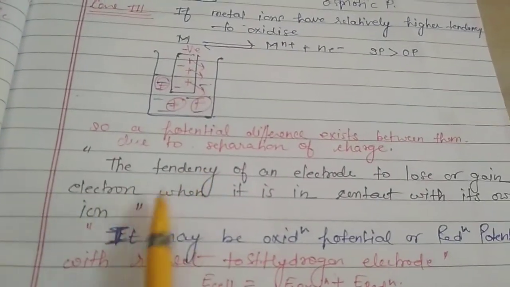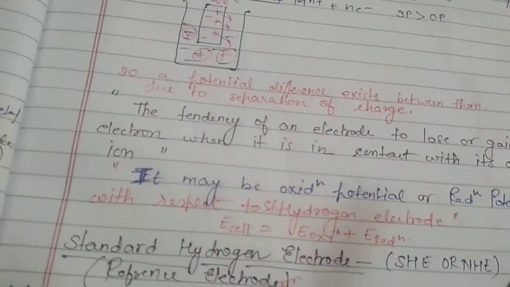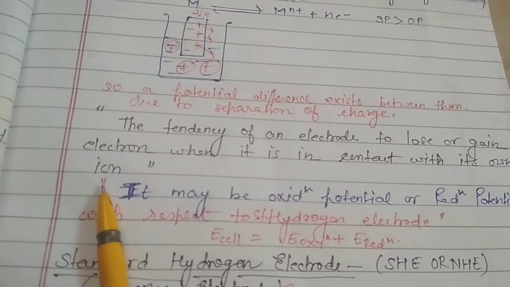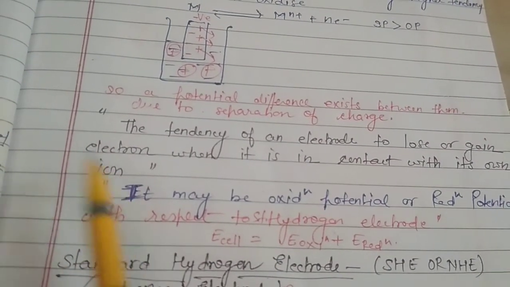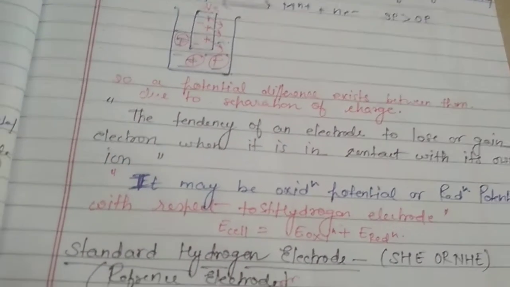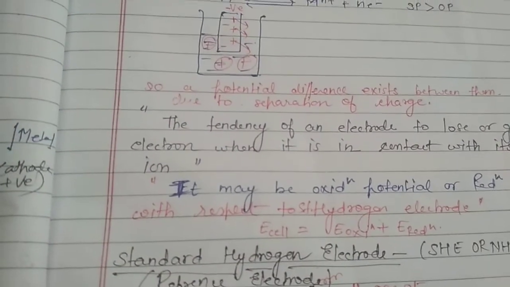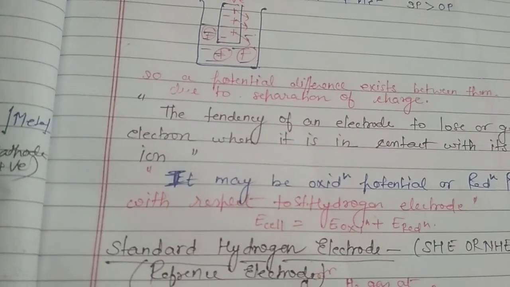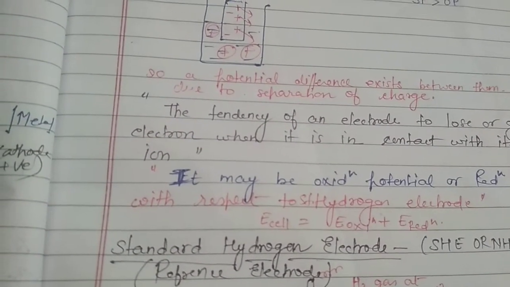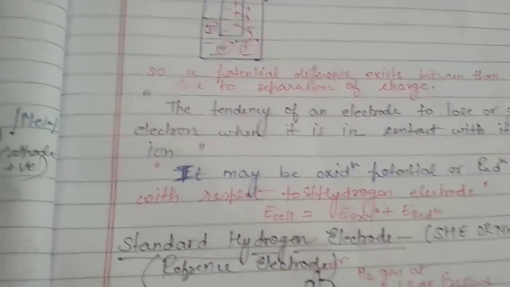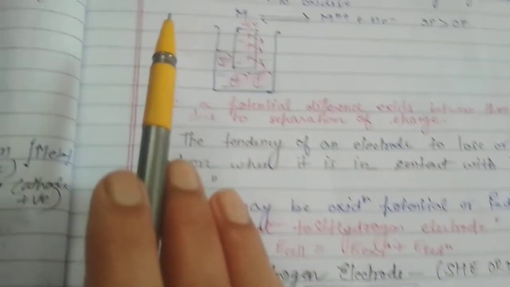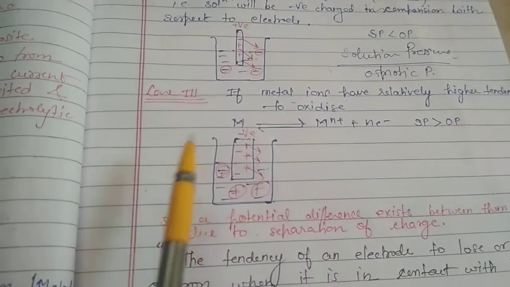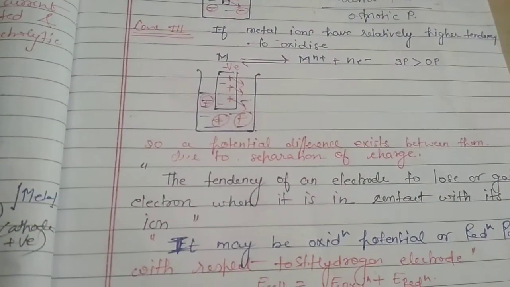So we may say the tendency of an electrode to lose or gain electrons when it is in contact with its own ion is known as its electrode potential. It may be oxidation potential or reduction potential. In this case, it is reduction potential. In this case, it is oxidation potential.